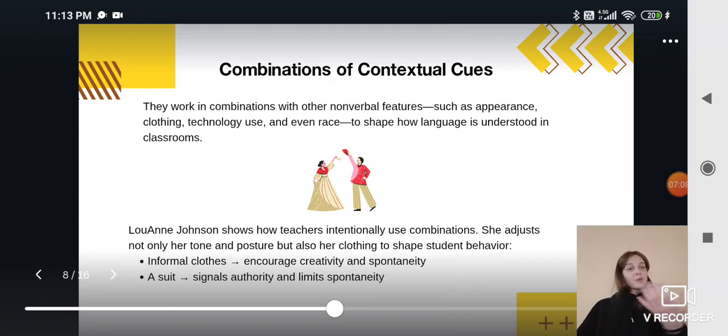So it basically says that nonverbal signals, including clothing and appearance, are just as important as these contextual cues, and a teacher can signal what type of communication he or she wants in a classroom with their clothes.